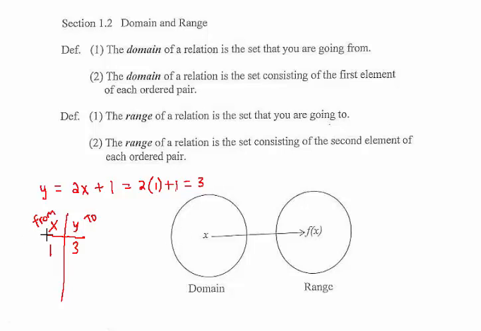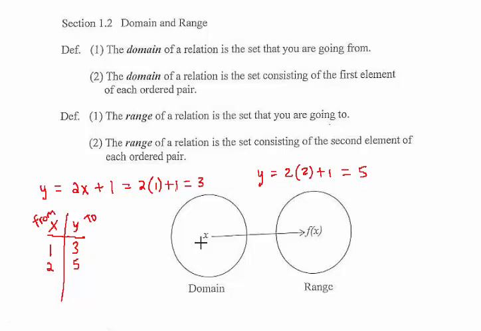So the domain are the x values that we use in this table here. And we could use other ones besides 1. We could put a 2 here, and then calculate 2 times 2 plus 1, and we get a 5. So 2 is assigned to 5. And we could do this indefinitely. But the point here is that the domain is the set of numbers, or it could be other things other than numbers, like we saw on the first page of the chapter.